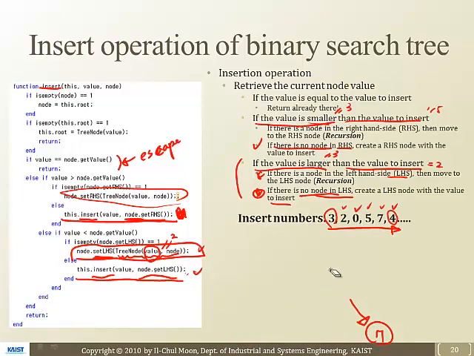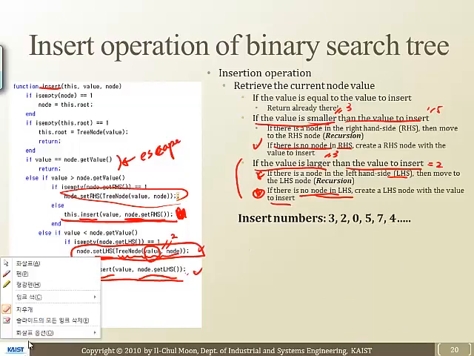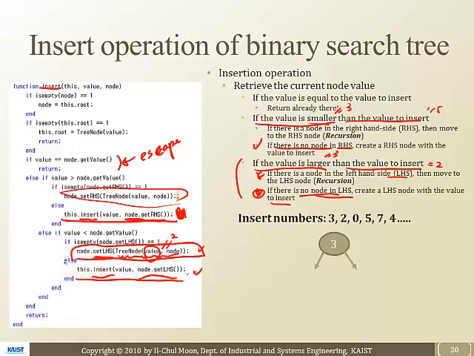We insert 3 here, and then 2 should be on the left-hand side, then 0 should be on the left-hand side, 5 should be on the right-hand side of this 3, 7 should be on 5's right-hand side, and 4 should be on 5's left-hand side. So this is the result we get after inserting this sequence of numbers.